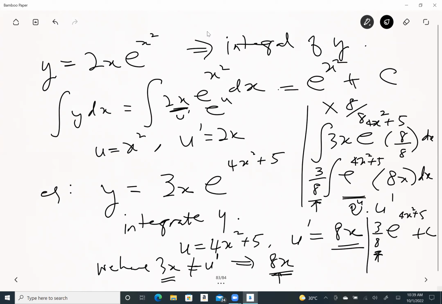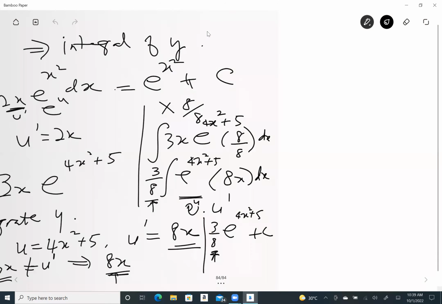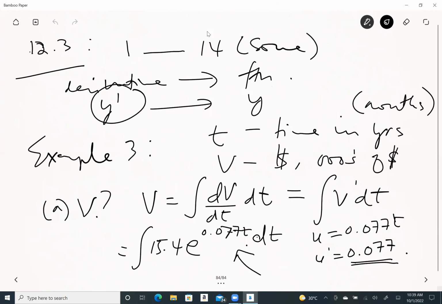Here, the derivative is just a constant, 0.077. I want that, and it is not in the function. We have 15.4, which is not 0.077. So how can I make it 0.077, multiplied by what ratio?